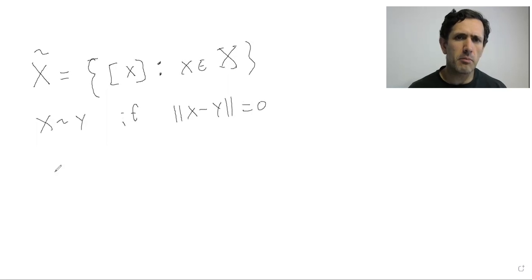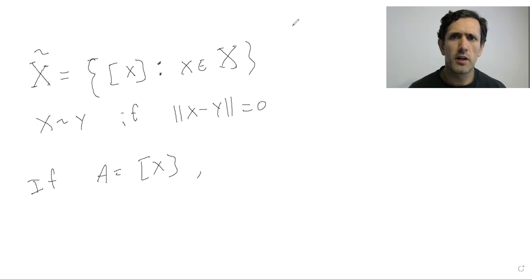All right, so we want to give X tilde an addition structure, a vector space structure. Let's say A and B are in X tilde.